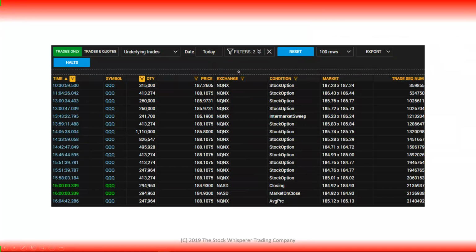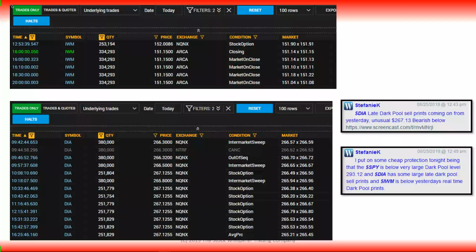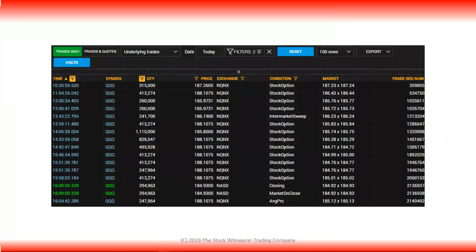But we did have big prints on the, which one? The DIA. Oh, here, the QQQs, the Russell. These are the QQQs. So here you see, wait a second. Yeah, these are the QQQs, right? 413, 413, 188.10. Here's a double. They doubled the 413.